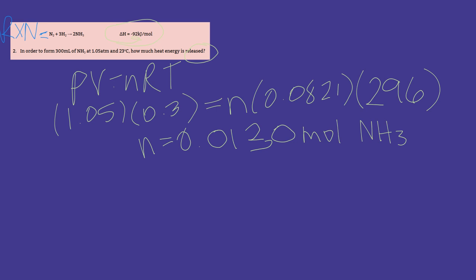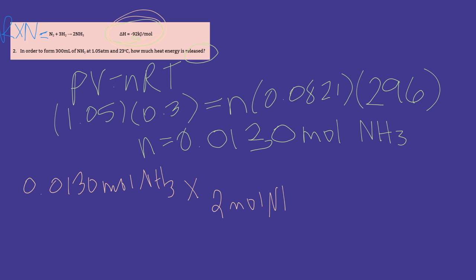So now we can take this and say we have 0.019 mole NH3, but we can't compare that to this value yet because that's in moles of reaction, not in moles of NH3. Mole NH3 times, well, there are 2 moles NH3 for 1 mole of reaction.